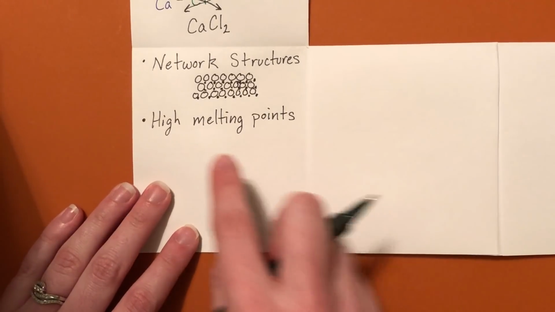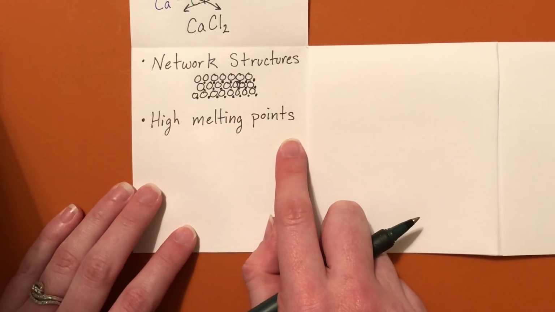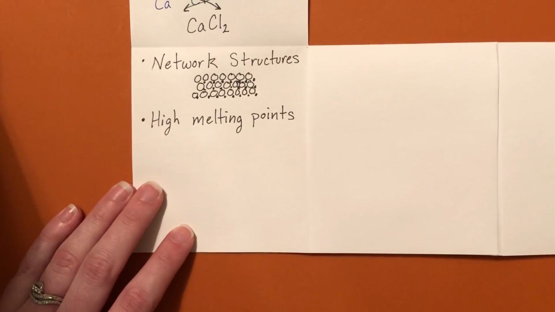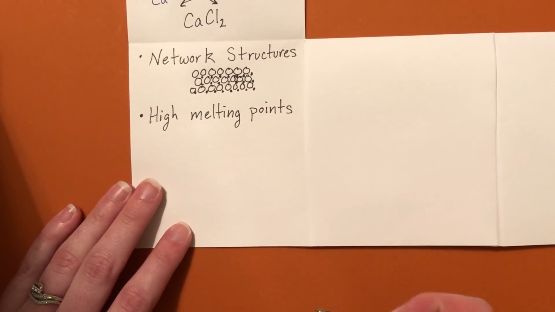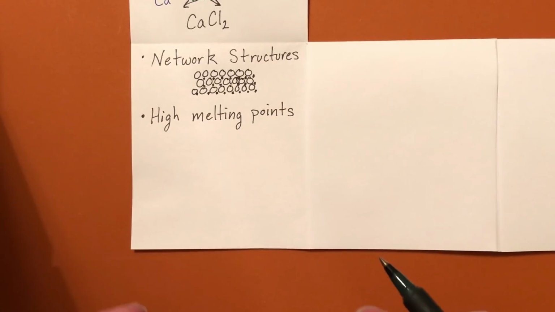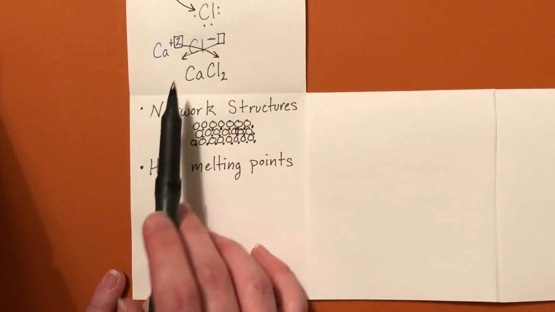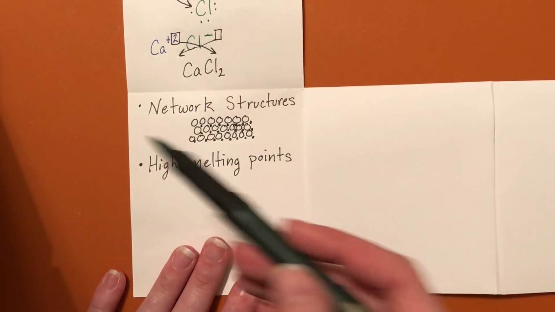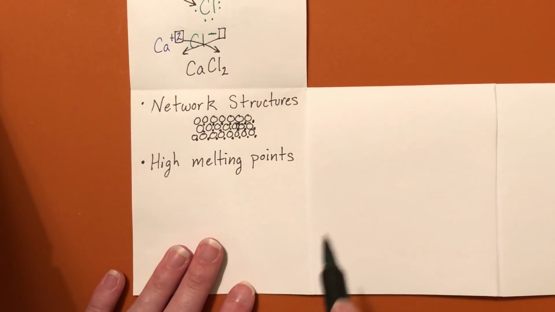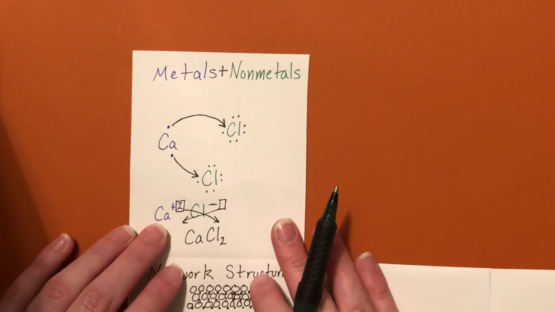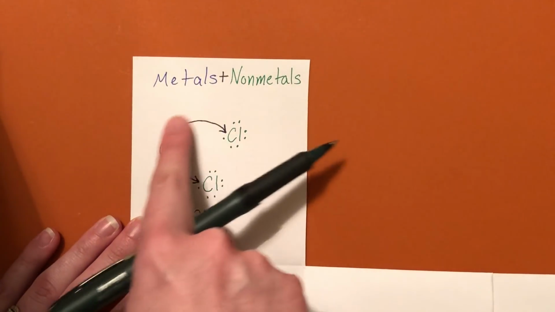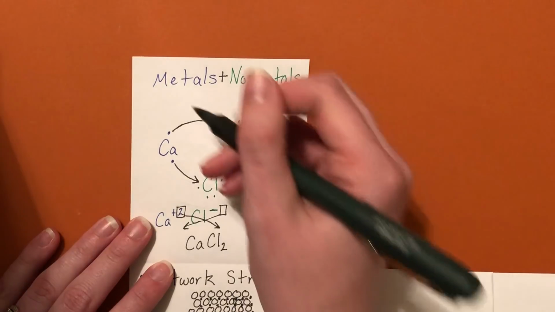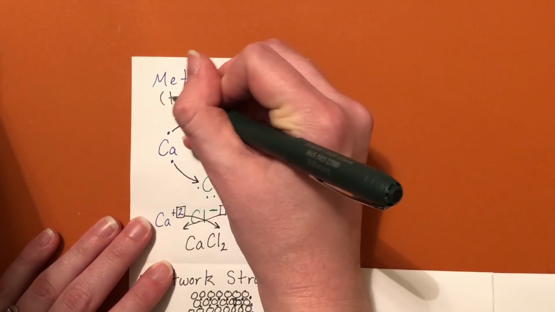So, with these high melting points, it requires a lot of energy, a lot of heat to break these bonds. But when we do break the bonds, we talked previously about how they're made of ions. So these ions mean that electrons are easily moved. So going back up to the top, the reason ionic bonds work so well is because they transfer electrons.